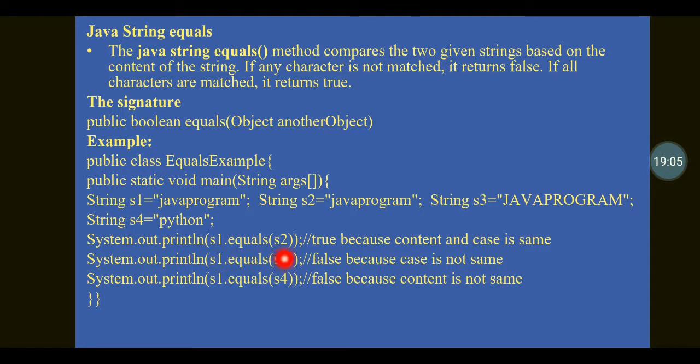When s1.equals(s2), it will return true because the content is the same and also the case is the same. s1.equals(s3), here the contents are the same but the case is not the same, so it will return false as a result. And s1.equals(s4), here the content itself is different, so it will return false as a result.